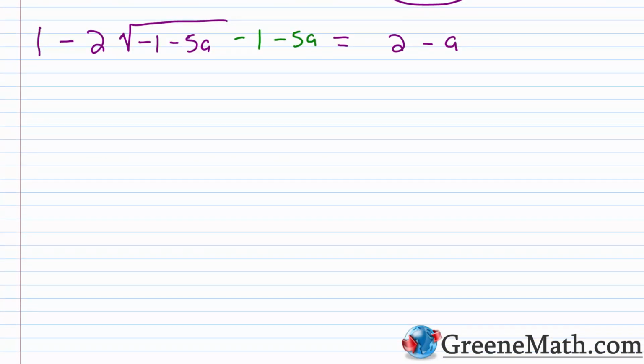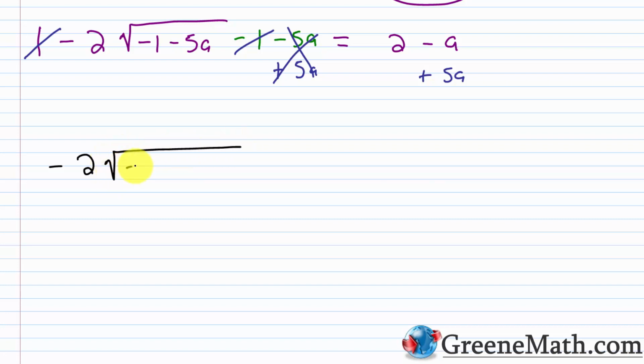So when I look across, I see that I have a 1 and a -1, so those would cancel. And then I see that I have a -5a and a -a. So I can add 5a to both sides of the equation. That's going to cancel. So I'm going to have this -2 times the square root of -1 minus 5a.